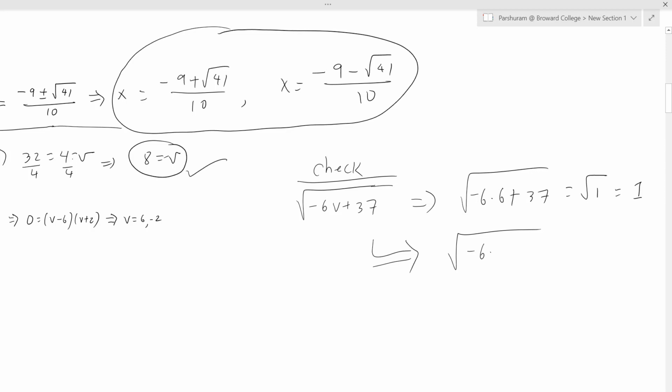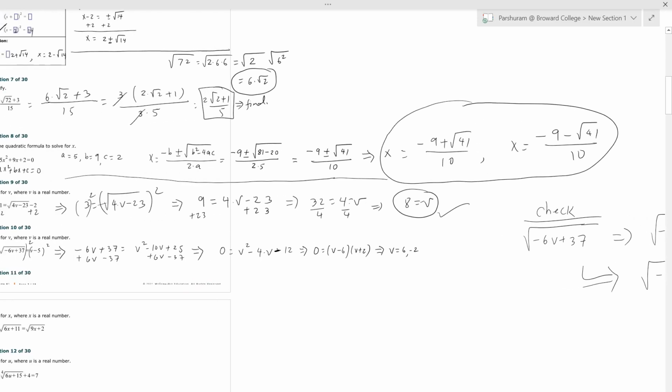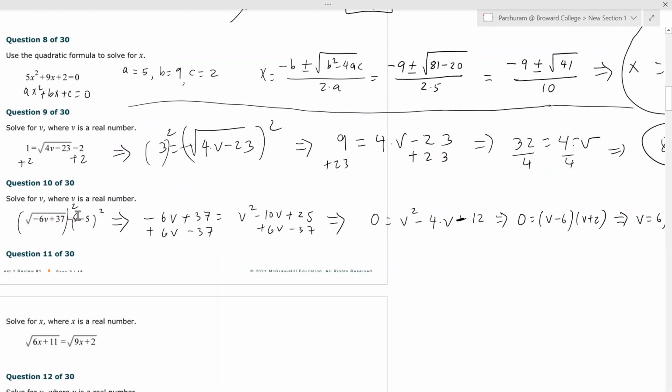Negative 6 times negative 2 plus 37, that is 12 plus 37, which is 49, and the square root of 49 is 7. So that means 7 equals negative 2 minus 5, which is negative 7.